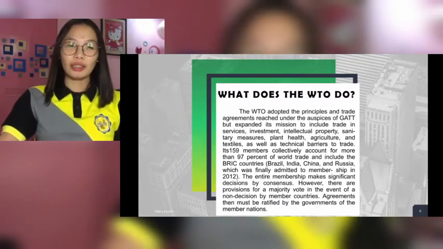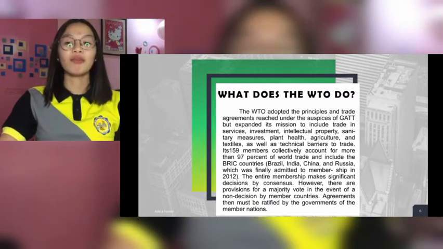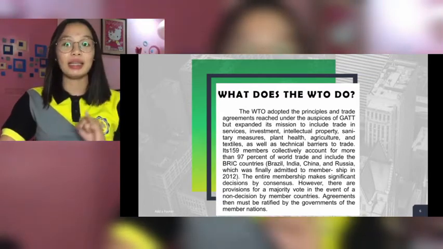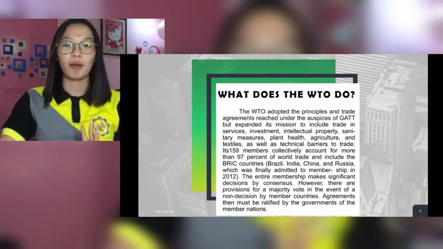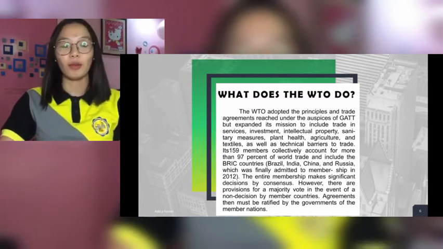Its 159 members collectively account for more than 97% of world trade and include the BRIC countries. The BRIC countries are Brazil, India, China, and Russia, which was finally admitted to membership in 2012.